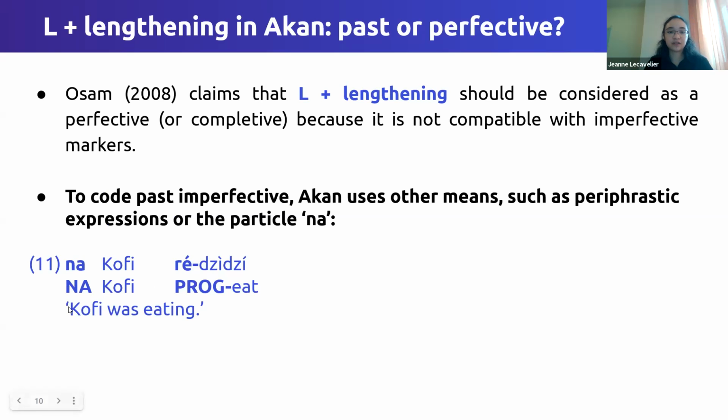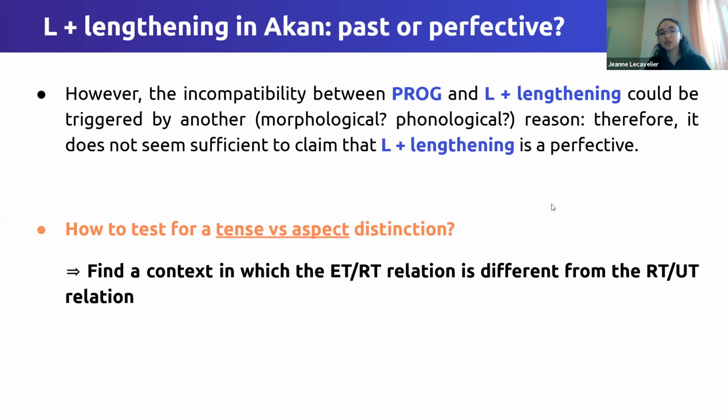So you can express 'Kofi was eating'. You cannot express it by using the low tone and lengthening combined with the progressive marker. So for Osam, this is sufficient to claim that the low tone and lengthening isn't a past but a perfective.